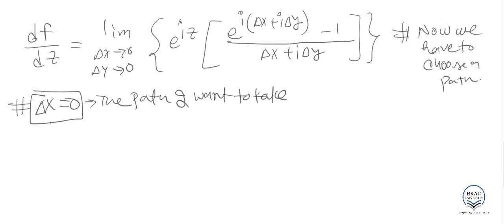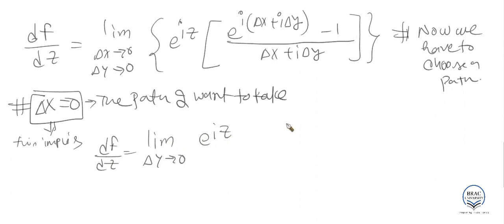So when del x equals to 0, this implies df by dz is equal to limit del y goes to 0. We have our e to the power iz over here, and put curly braces here so that we can distinguish.